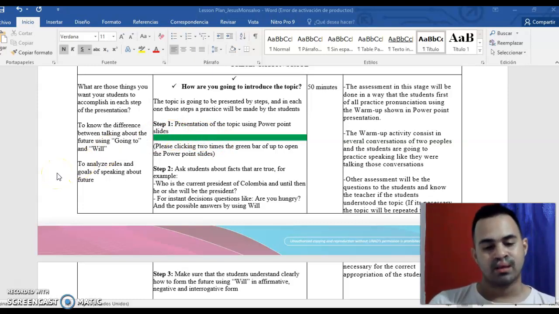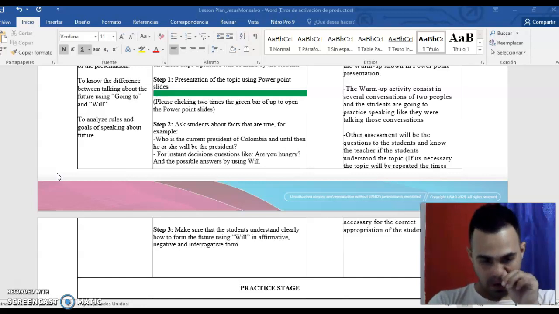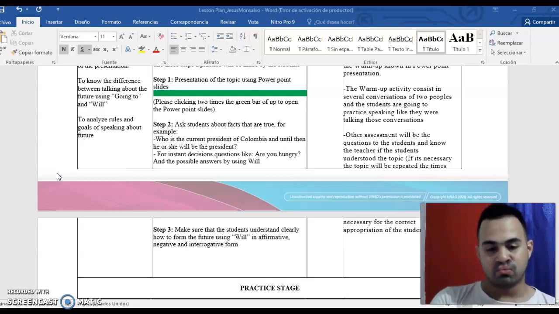Step 2: ask students about facts that are true. For example, who is the current president of Colombia and until when he or she will be the president? Another question would be, are you hungry?